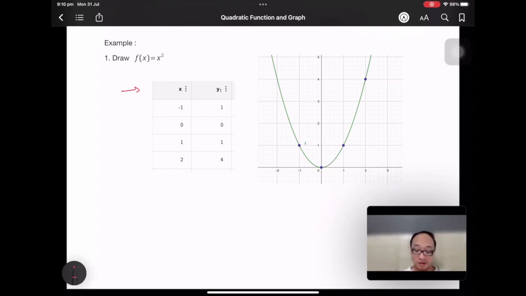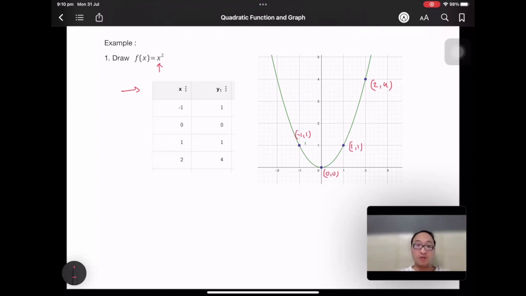So I can draw it here: -1, 1, and then 0, 0, and then 1, 1, and also 2, 4.